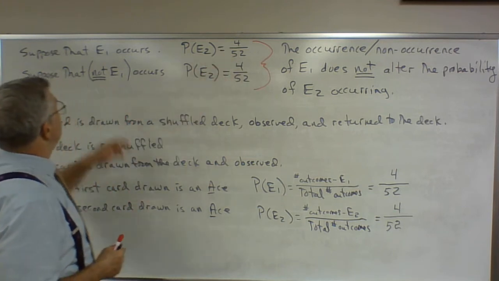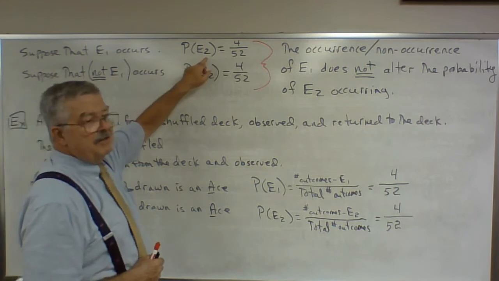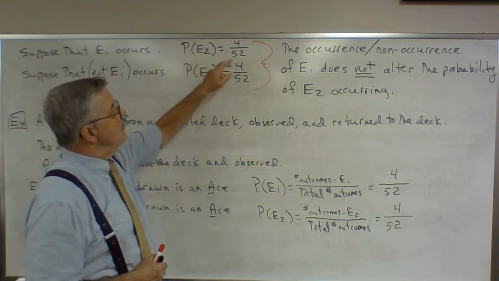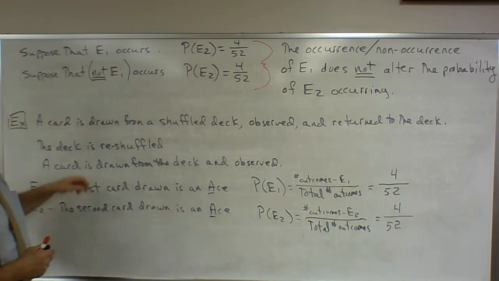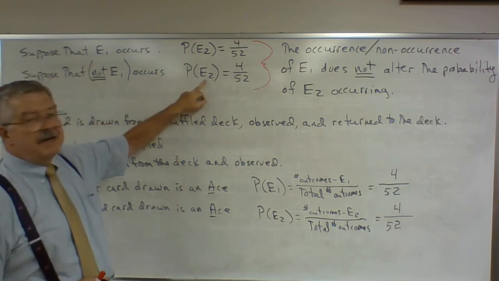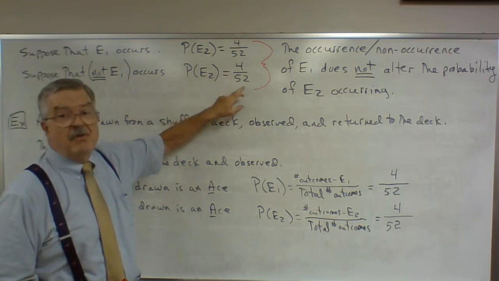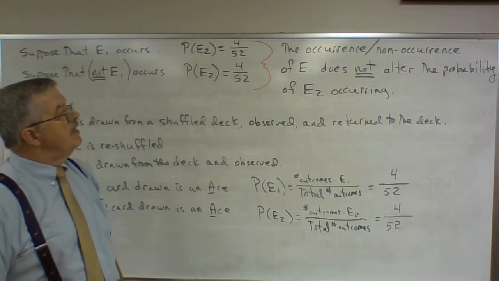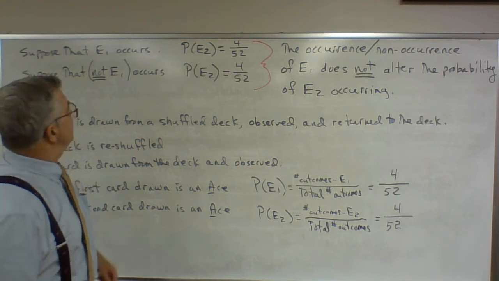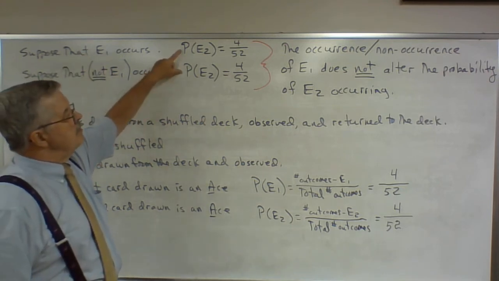In other words, if the first card is an ace, the probability that the second card is an ace is 4/52. If the first card is not an ace, the probability that the second card is an ace is still 4/52. So the occurrence or non-occurrence of E1 does not alter the probability of E2.